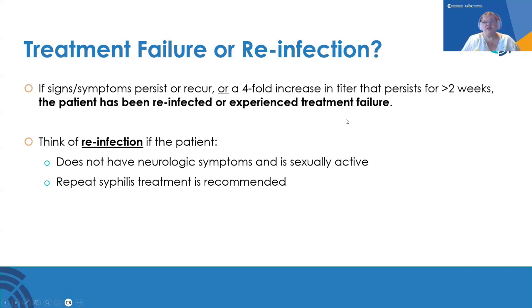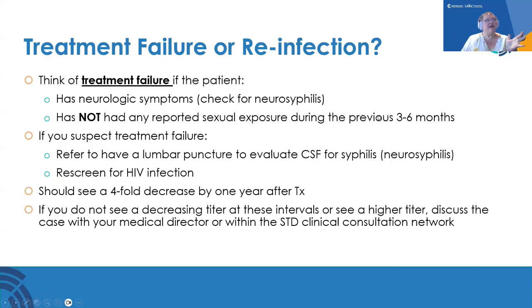Think of reinfection if there are no neurologic symptoms and they've continued to be sexually active; then we want to go ahead and retreat. But let's say they have not been sexually active, or they have some type of symptom of headache or eye visual changes or ear changes. We need to do a lumbar puncture. Well, not we.